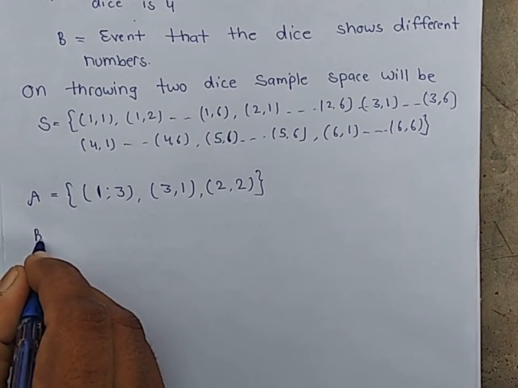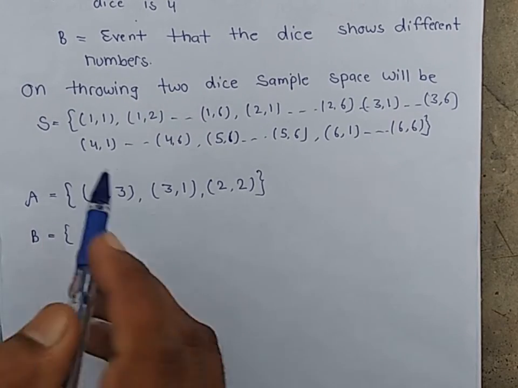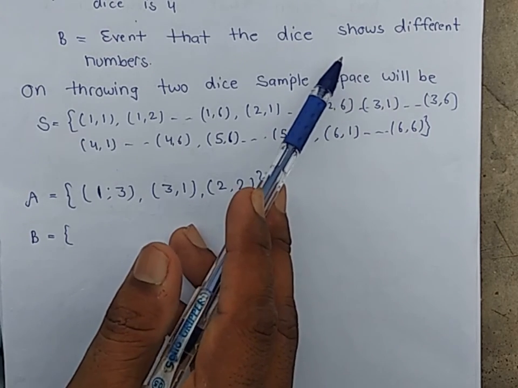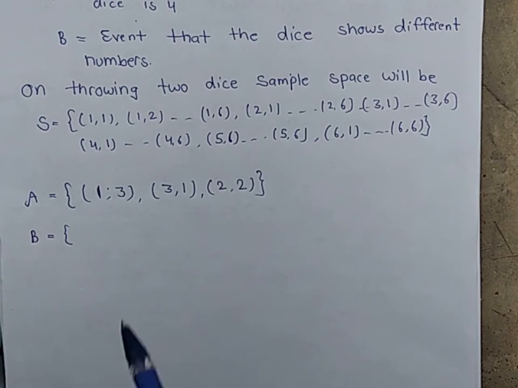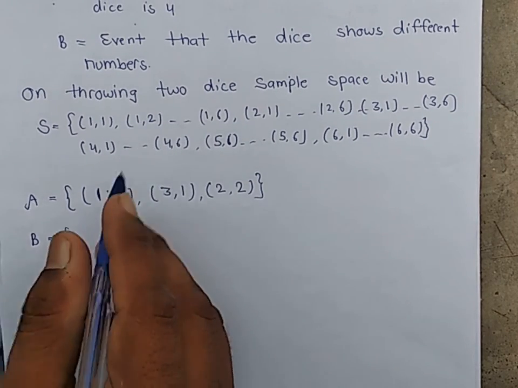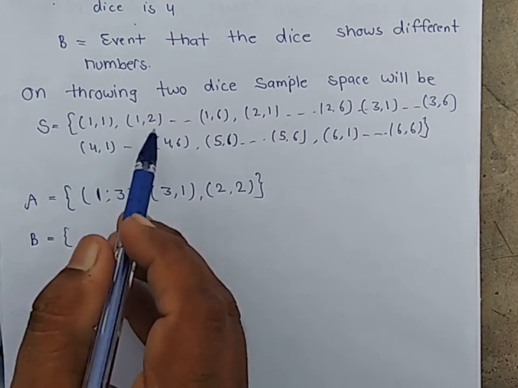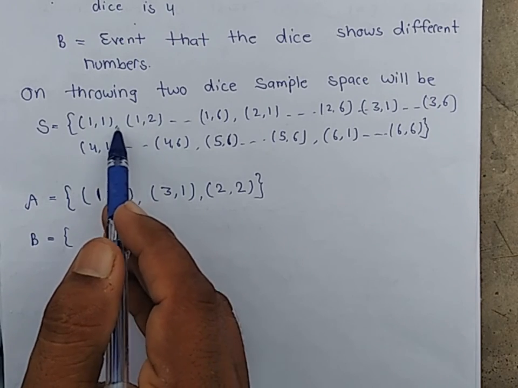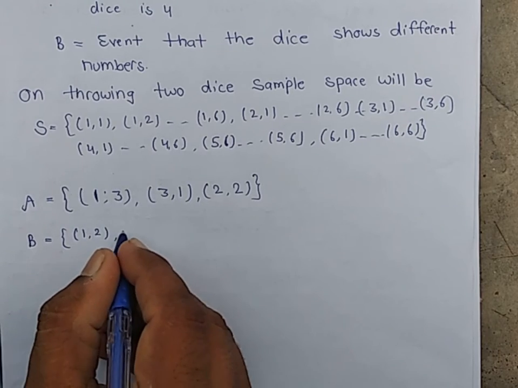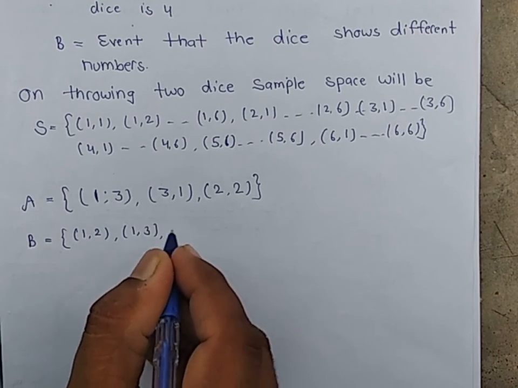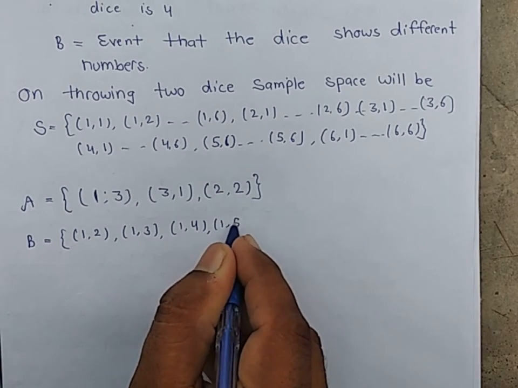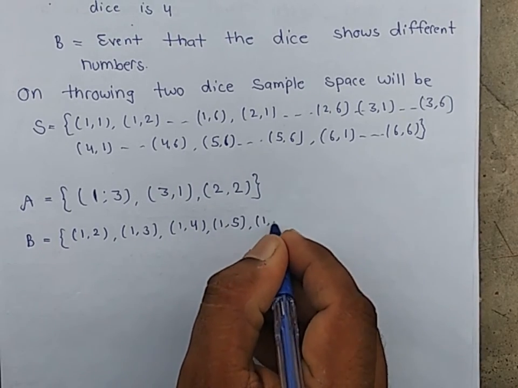B is an event that the dice shows different numbers, means in this event the sample points will be (1,2), (1,3), (1,4), (1,5), (1,6).